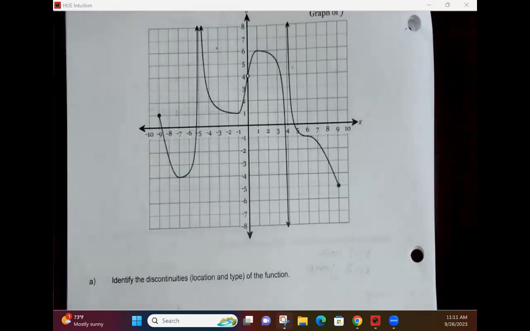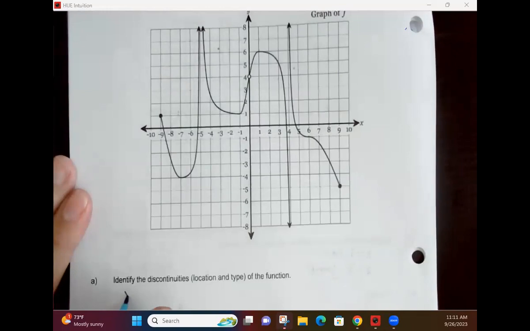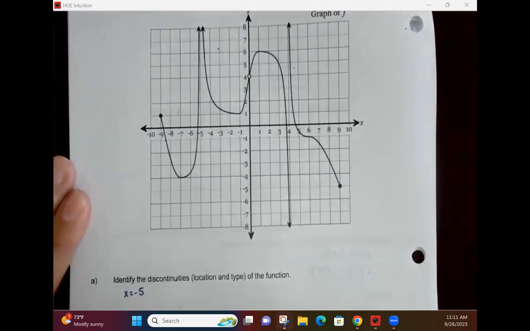Alrighty, let's take a look at our last example here. Where do I have discontinuities in this graph? Where's the weird stuff? When x is negative 5. What happens when x is negative 5?